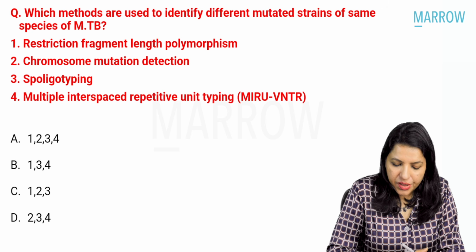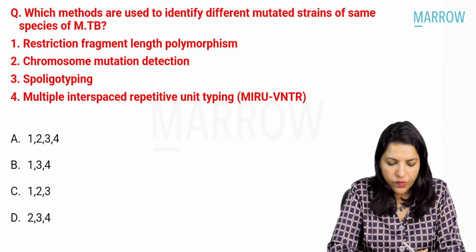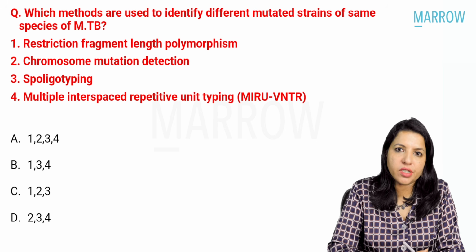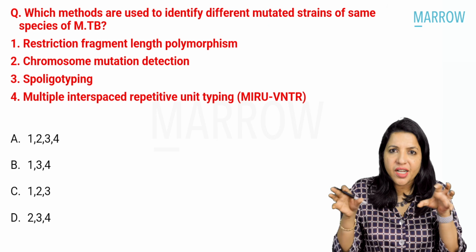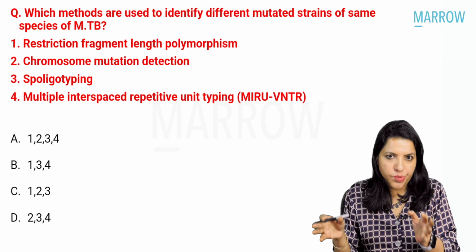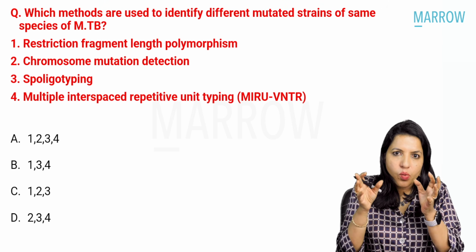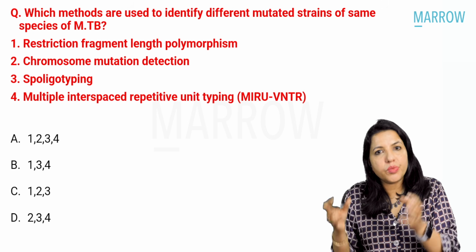The next question is, which method is used to identify different mutated strains of the same species of Mycobacterium tuberculosis? Before going to the question analysis, let me tell you one thing. If two strains of the same species are produced, then what is being changed? The genetic material is being mutated.